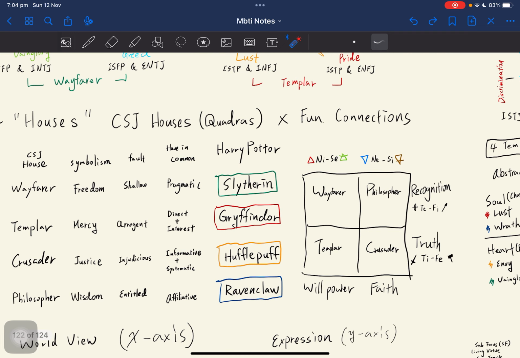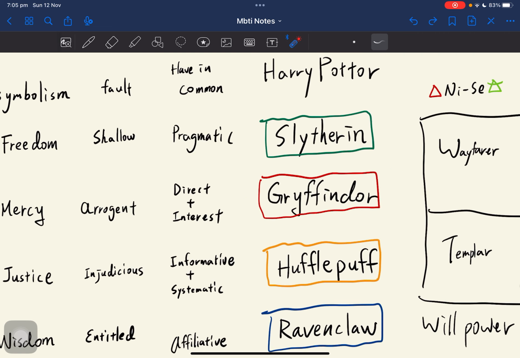And maybe, because they are a Templar type also, right? Because INFJ is a Templar. So because they are a Templar, you can do it in reverse. They are also very forgiving, and they are direct and interest-based. So when they ask you a question, maybe they are just being direct and not trying to be mean, and they want to know what your agenda is when you talk with them.